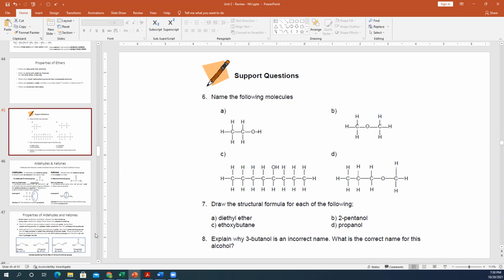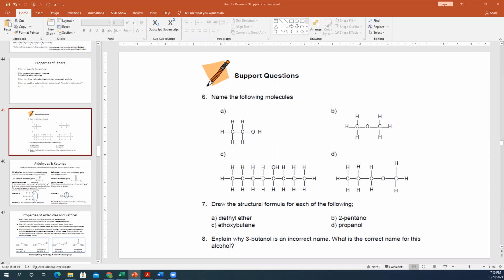Sorry, can you say again? Yeah, so how would you name this one, for example? Was it like counting the smallest C's till it reaches the OH?